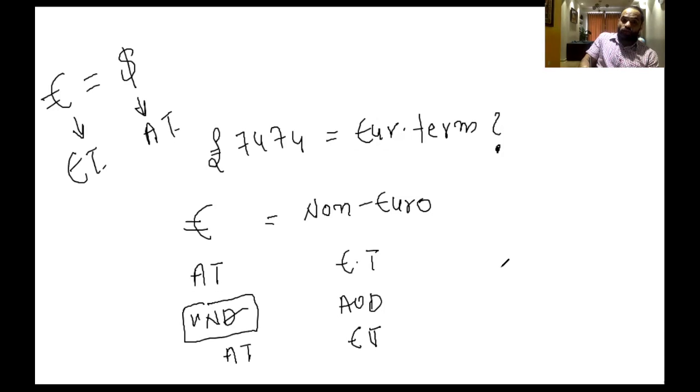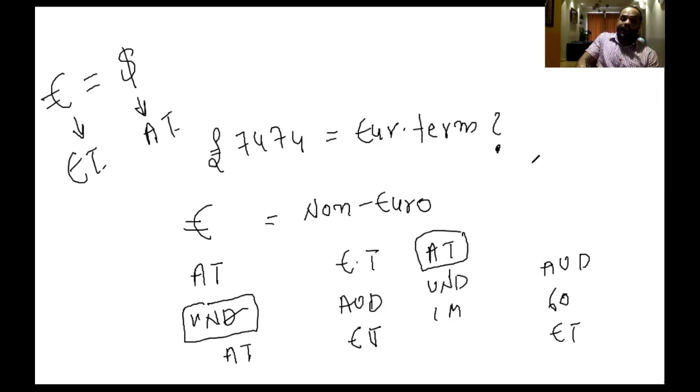If you are converting 1 million Vietnam dong to, let's say, 60 Australian dollars, obviously these 60 dollars are European terms, because Vietnam dong is the American terms.